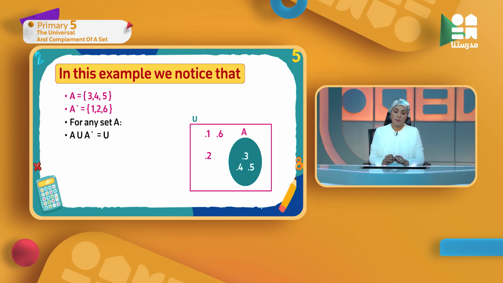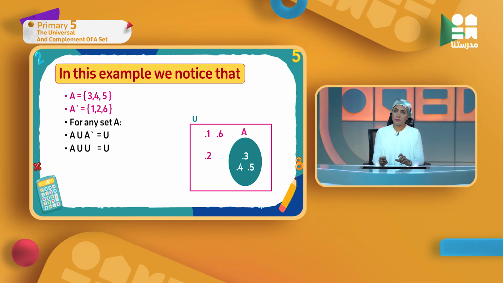The elements outside A or the elements of the set A complement are 1, 2 and 6. فلما هقول A union A complement معناها إنه كل elements اللي في set A and the elements اللي في A complement لما هنحطهم مع بعض هنلاقي إن هما equal to the mother set which is the U or the universal set.